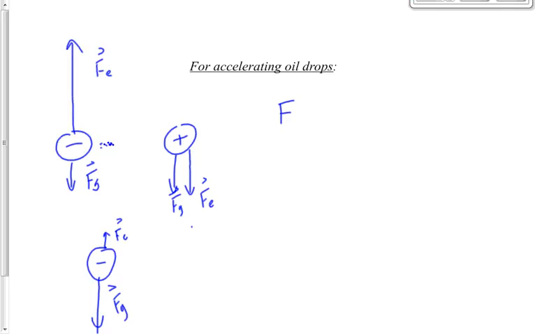We're going to say Fg plus Fe, the sum of the forces. And then we usually set that equal to m times a, unless we're just looking for the net force. Notice I haven't plugged in any signs yet, right? The signs come when we plug in numbers. Okay, so for this one, well, for all three of them, Fg will be negative.